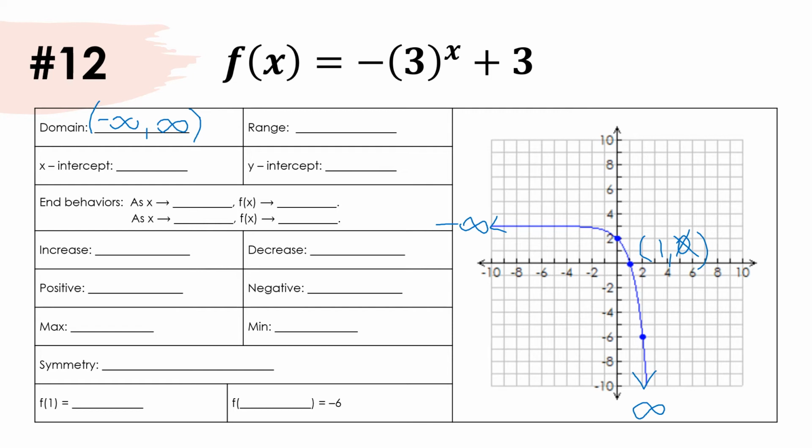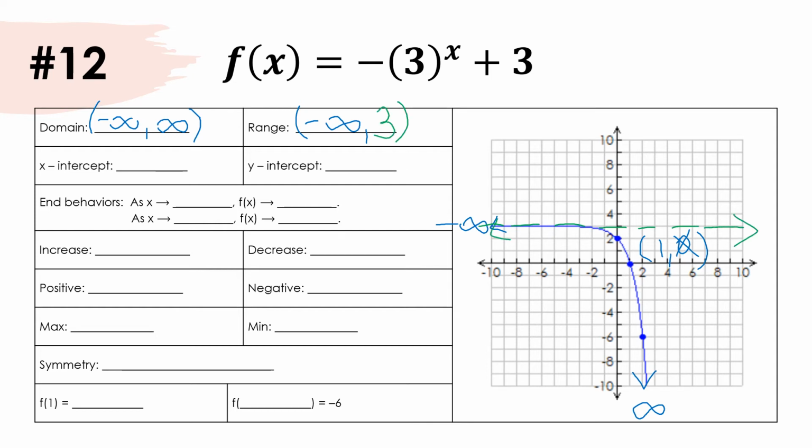The range is bottom to top. Does it go down forever? Yes. So that's negative infinity. Does it go up forever? No, it does not, because of the horizontal asymptote. It actually technically goes up forever, but it doesn't go up to infinity. It goes up to the horizontal asymptote, which is at 3.